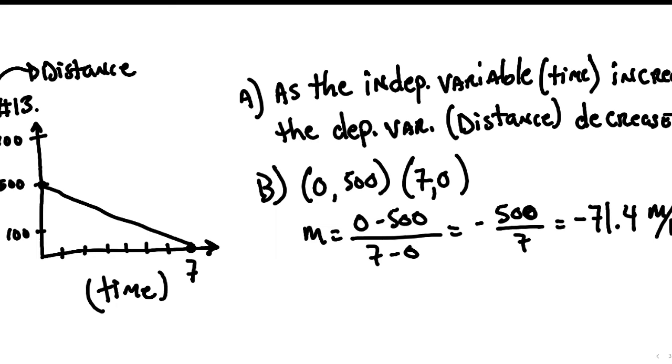And this is the slope that we actually have. For every 1 hour, we know that the distance is going to decrease at the rate of 71.4 miles. That's basically what the interpretation is.